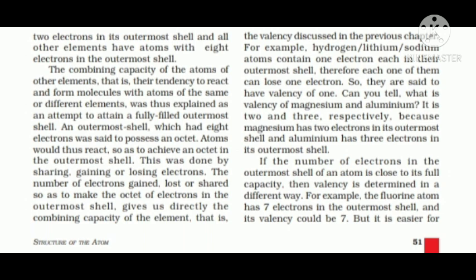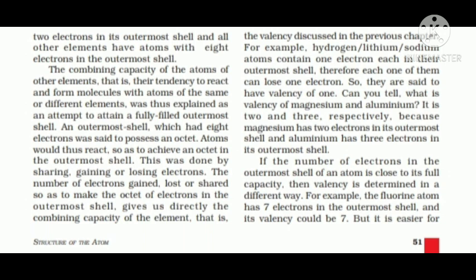The combining capacity of the atoms of other elements is their tendency to react and form molecules with atoms of the same or different elements. For example, a hydrogen atom combines with another hydrogen atom to give a hydrogen molecule. Here, they share 1 electron each. It may also be of different elements, for example NaCl.